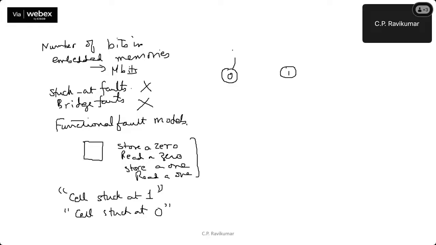Now, if I write a 0 in this state, it will remain in the same state. Whereas if I write a 1, it will go into this state. And here, if I write a 1, it will remain in the same state, and if I write a 0, it will come back. So this is how a good cell will work.